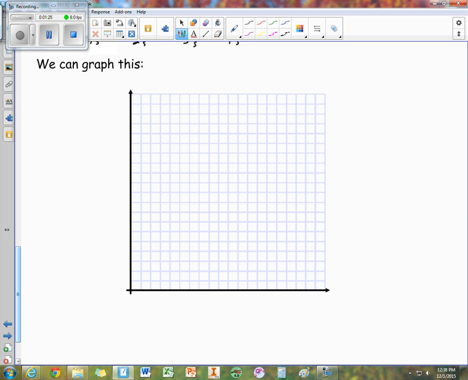Again, this is a 20 by 20 square. So over here we have velocity measured in meters per second.